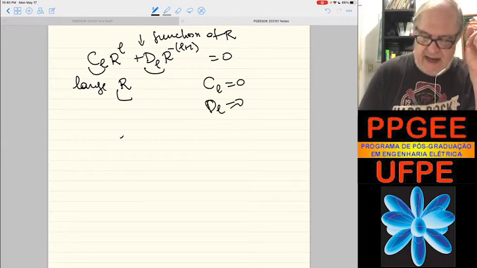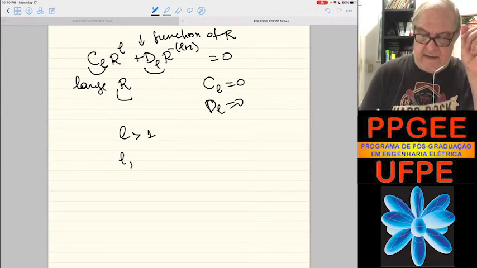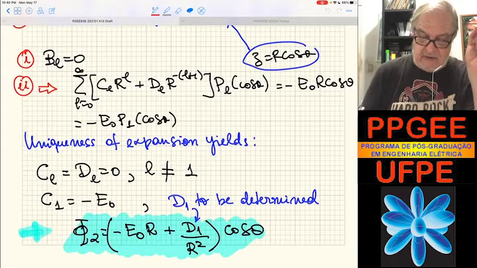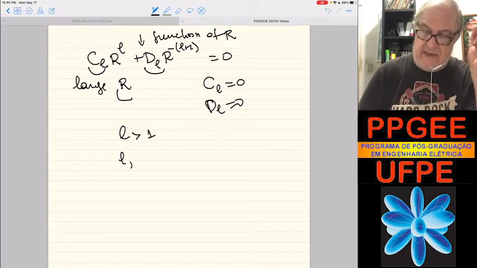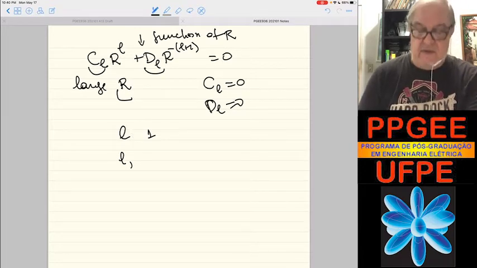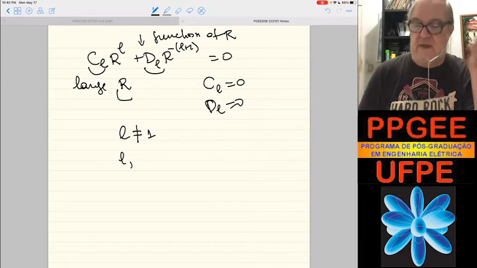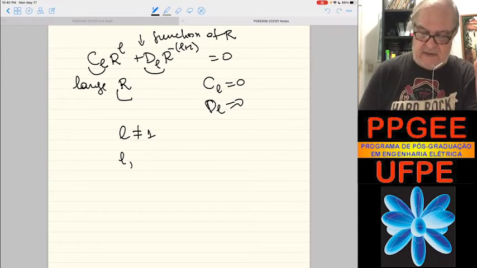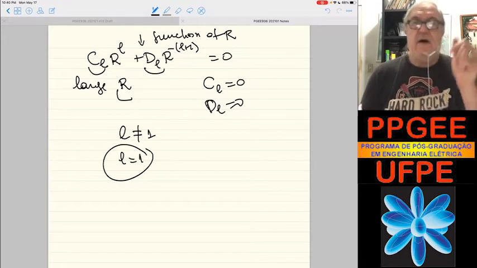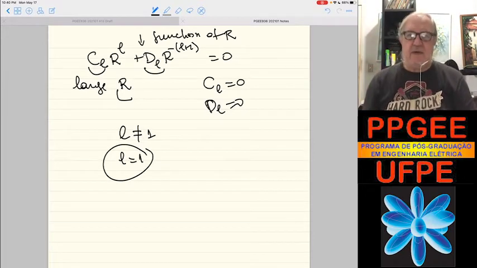This is for L different than 1, including L equals 0. So there's only one term left in the expansion, which is L equals 1.